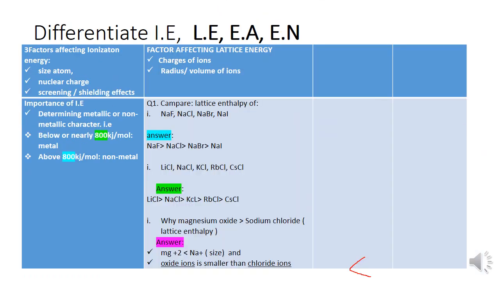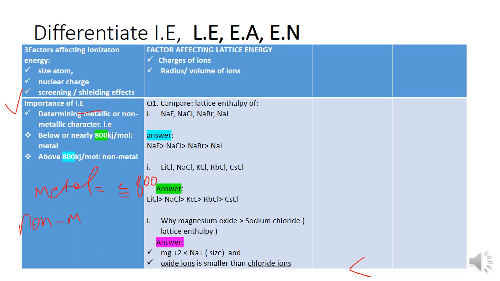Then another piece of information to know is that ionization energy has importance. It helps us to determine metals and non-metals. How? A metal has an ionization energy below or near 800 kilojoules per mole, meaning less than or equal to this value. This means it is a metal.